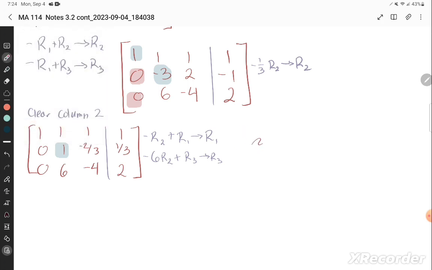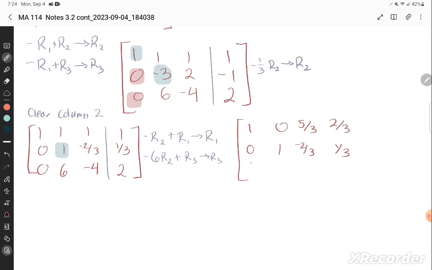So here I've got 0, 1, negative 2/3, 1/3 for my second row. But here I'm going to have 1, and then this is going to be 0. But then negative 2/3, positive 2/3, I add that to 1, I'm going to get 5/3. And then I've got negative 1/3 plus 1, that's going to get me 2/3.